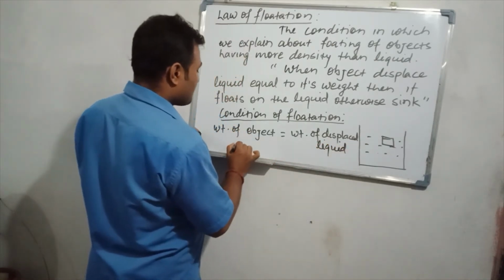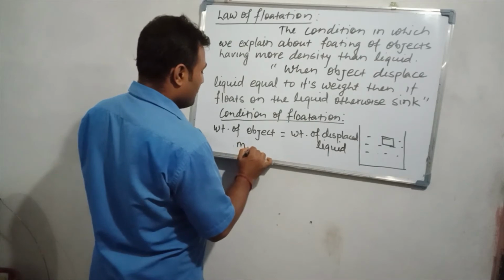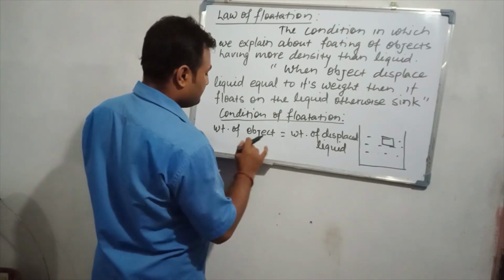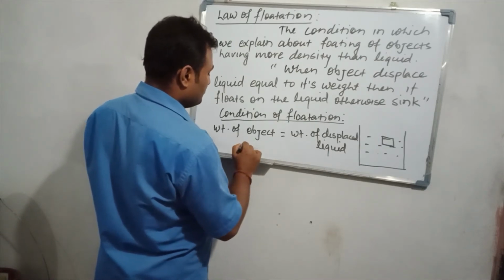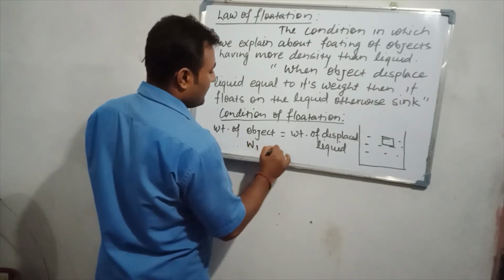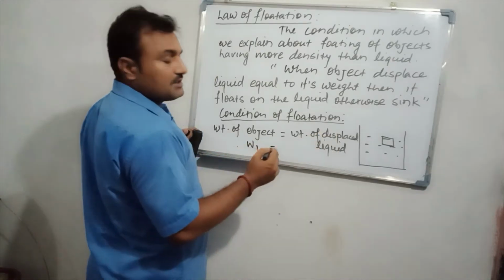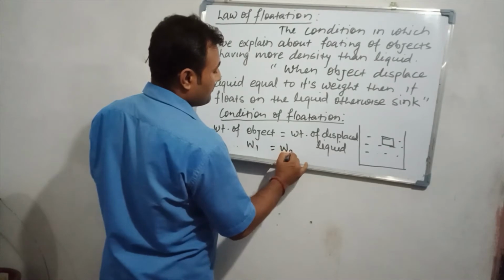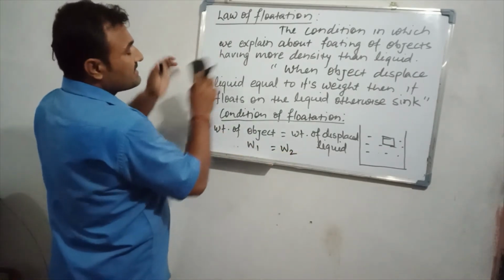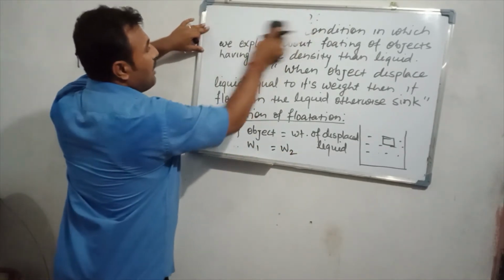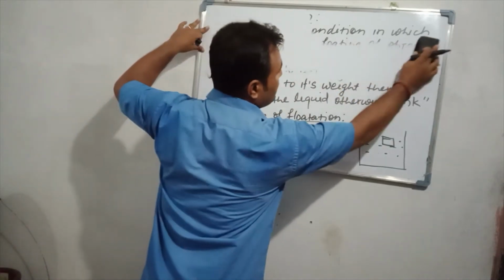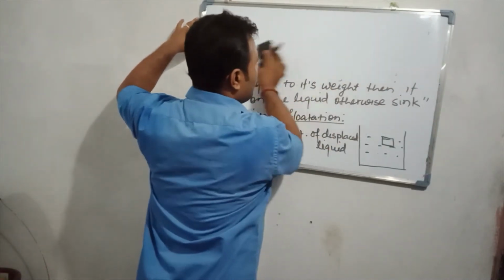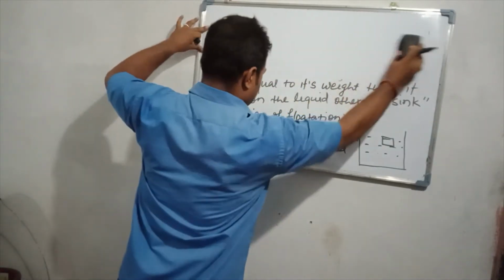Weight of object we consider W1, weight of displaced liquid we consider W2. From that we can explain in detail how much part of the object goes inside or stays above the surface.